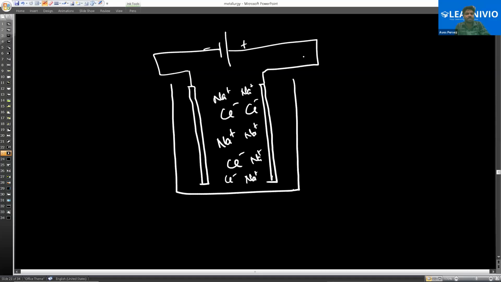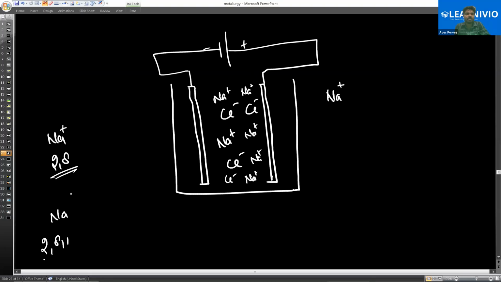When you pass electricity through it, what is going to happen? This Na is Na positive. Na positive has a 2,8 electron configuration; it has lost one of its electrons. If you want to get Na solid, it must be 2,8,1, with all 11 electrons.